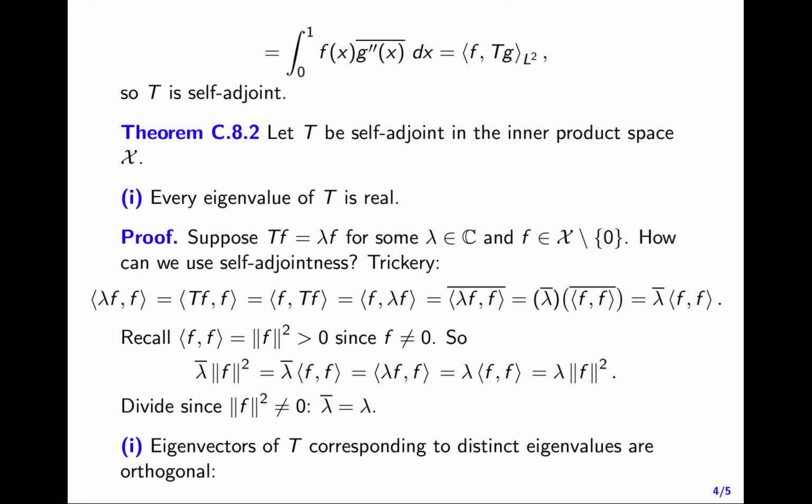Another happy fact, assuming that we have some eigenvalues to play with: eigenvectors of T corresponding to distinct eigenvalues are orthogonal. By this, I mean if TF equals lambda F, and if TG equals mu G, and lambda is not equal to mu, here lambda and mu are complex scalars, necessarily now real scalars, and F and G are vectors in the domain of T, then the inner product of F with G must be 0.